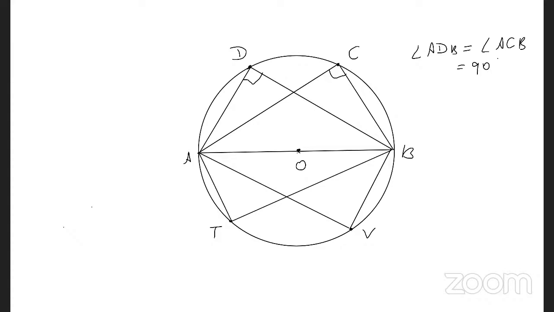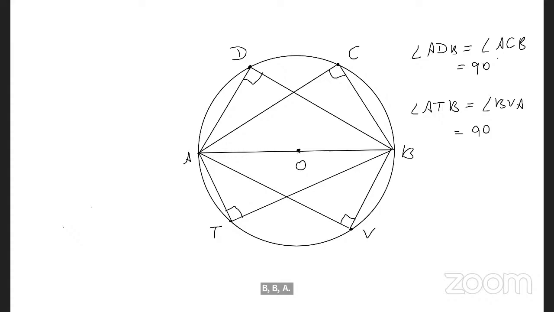So again, the angles that are forming here will also be 90-degree angles. This will be angle ATB equal to angle BBA, which is also 90 degrees.